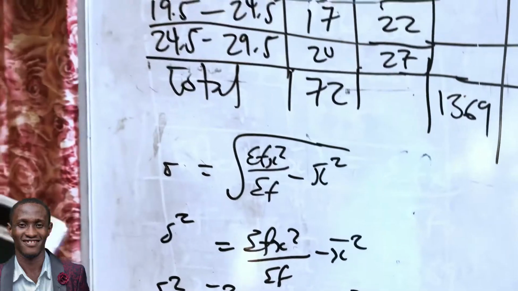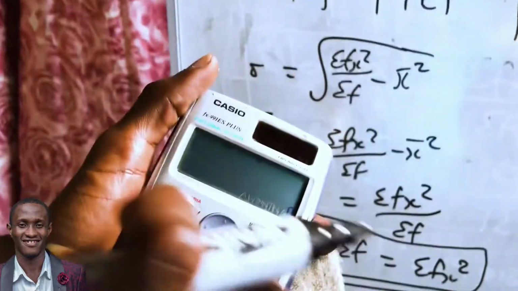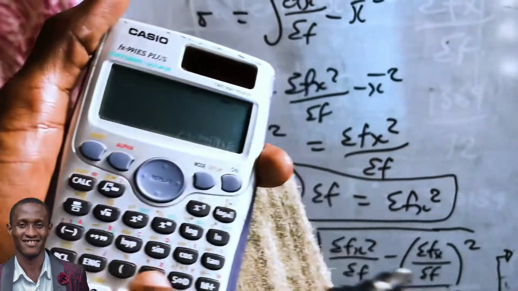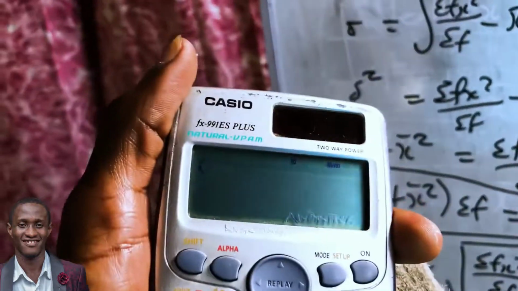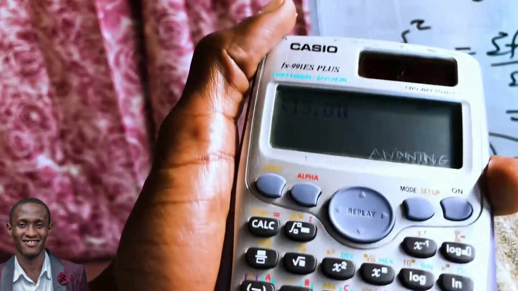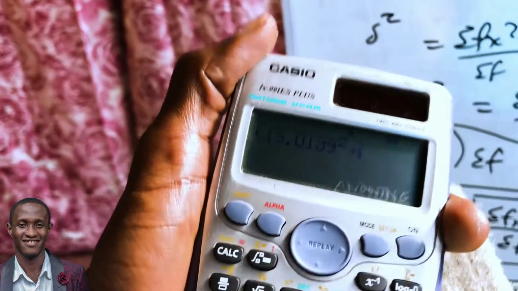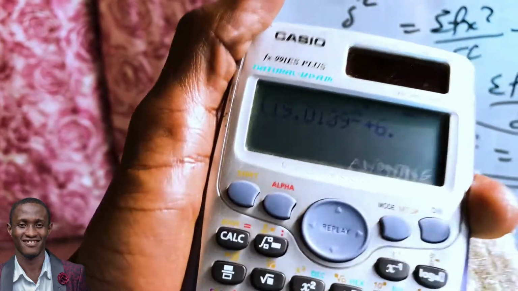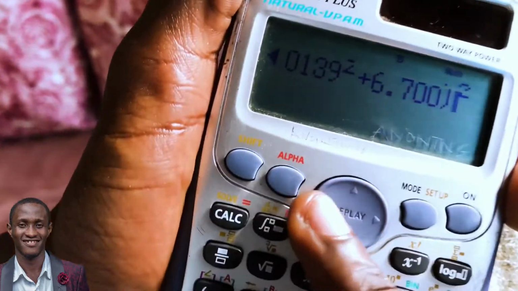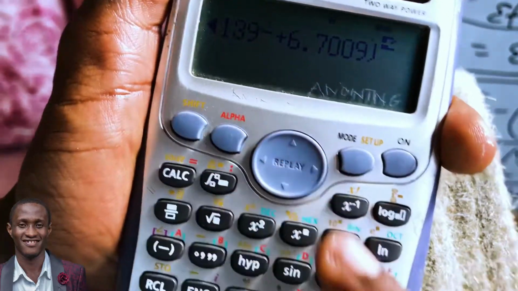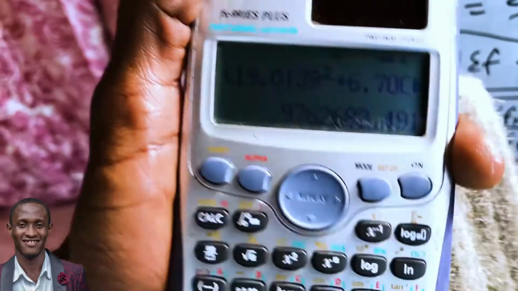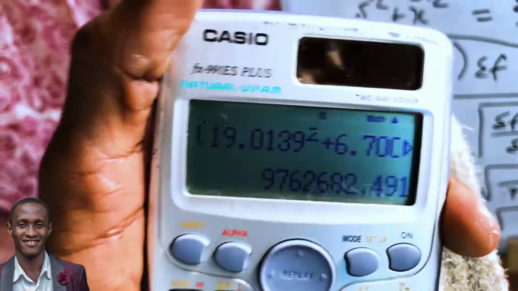So per this formula, we open a bracket. Now I can just go to shift, I'll just clear everything, yeah? Then I have 19.0139 squared plus the 6.7009 squared, then we will multiply by the 72, then the answer is 97, so it is very long.